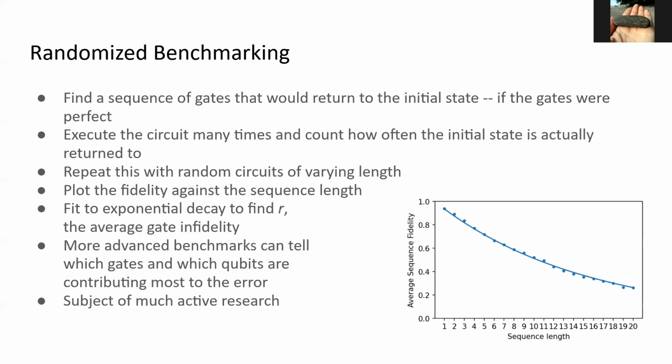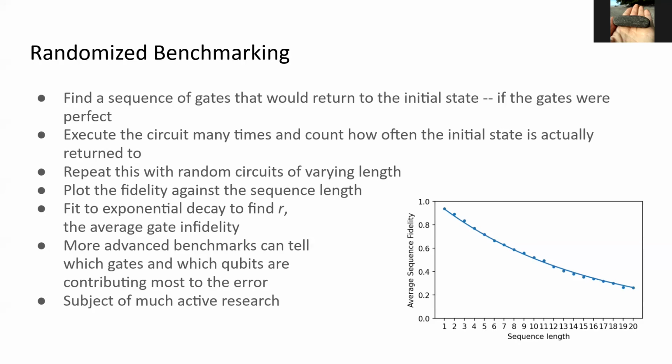Then we repeat this with many random circuits of varying length. And then for each sequence length, we average together all of the sequence fidelities for that sequence length. And then we plot that and we fit to an exponential, and then we find the time constant of that exponential decay. And that is our R, and we can use that to find the average gate infidelity.